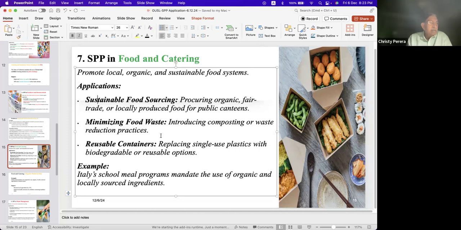Maybe not even half of it is eaten. But at the buffet, they used to get more and more. I have not seen any single person with an empty plate. Next time you go to a 5-star hotel wedding, check what wastage they have. Okay. Reusable containers, replacing single-use plastics with biodegradable or reusable options.